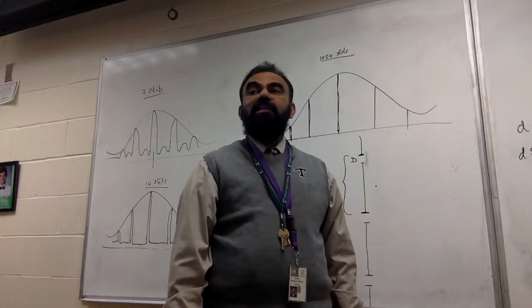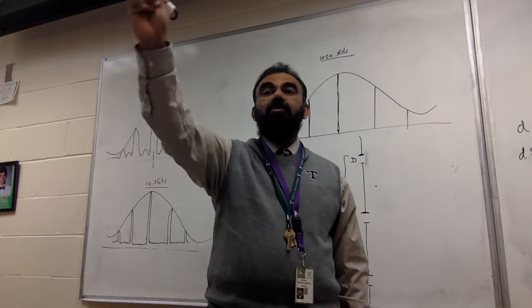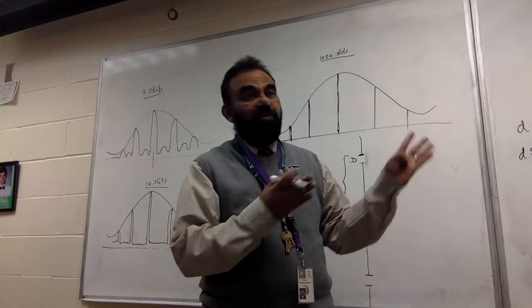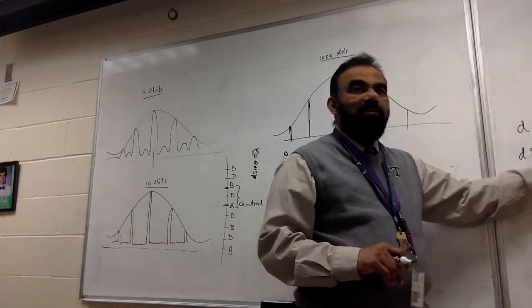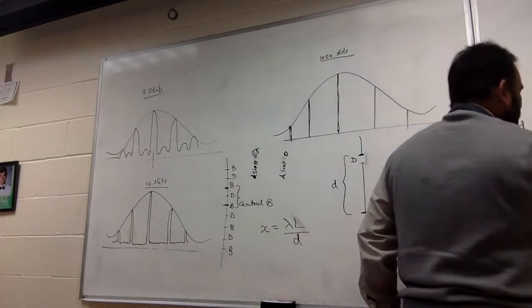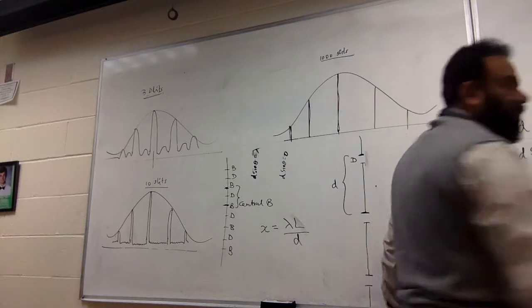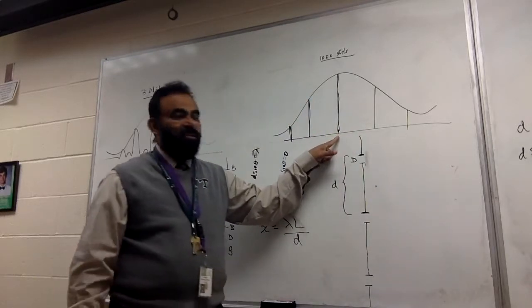Now what is m standing for? m stands for the order. We call it order of diffraction. Although it is interference, we still call it order of diffraction. And the order starts from 0. m is 0, 1, 2, 3, etc. Okay? So this is of order 0.